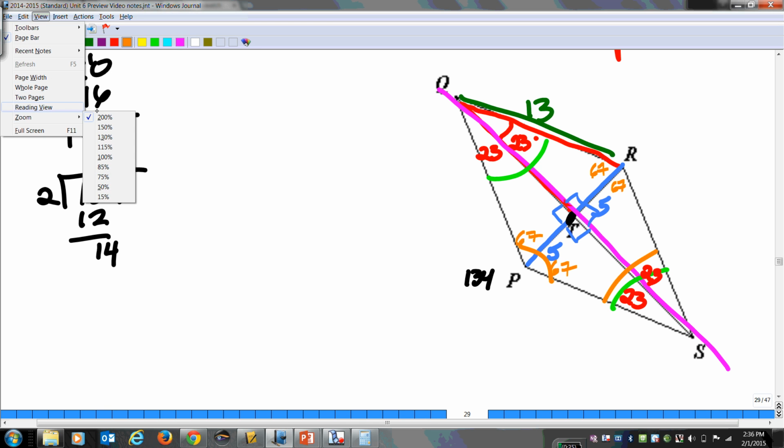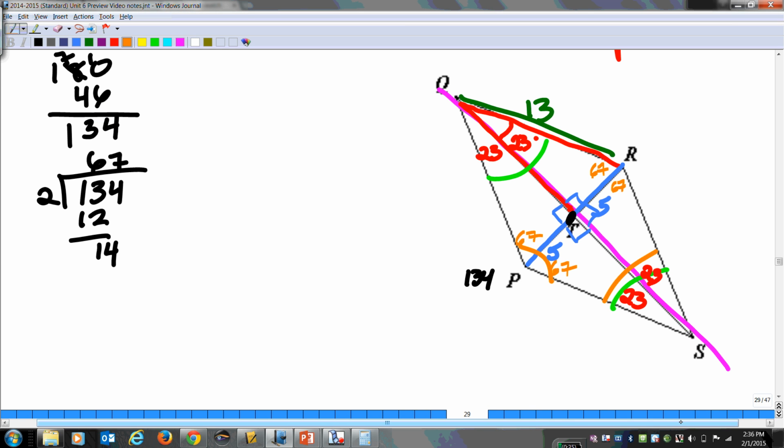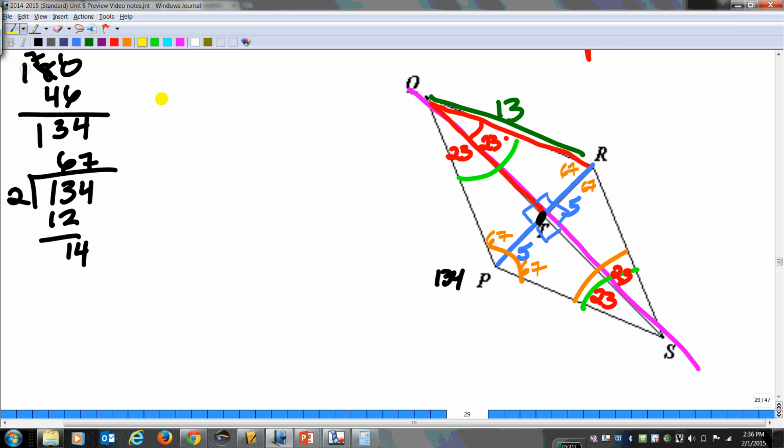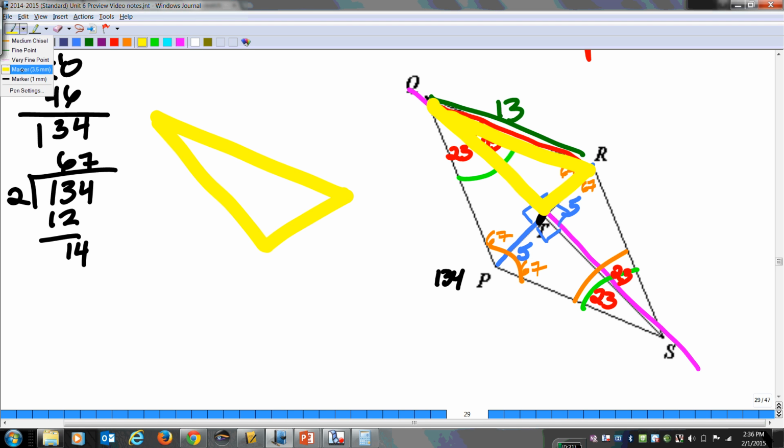The sides is actually easier than you think it is, because if you look very carefully, we have a right triangle. I pull that right triangle out for all to see here. We have a right angle here.